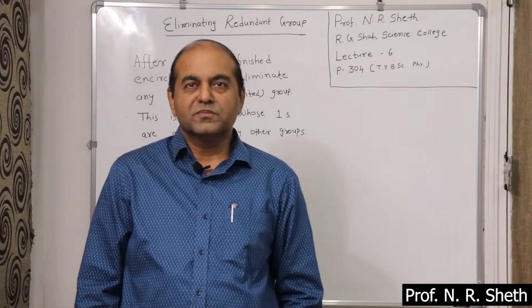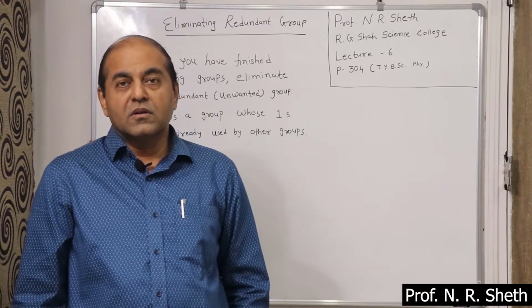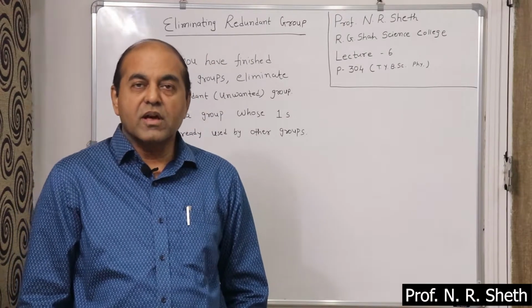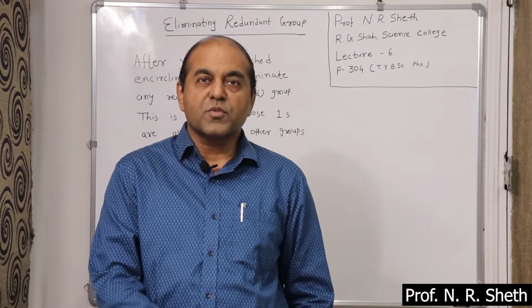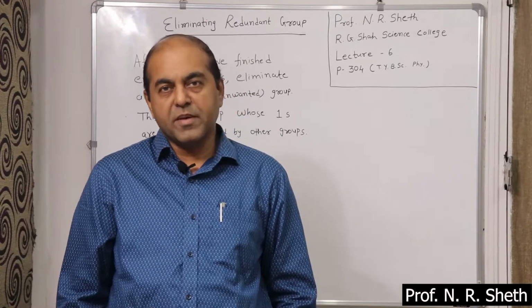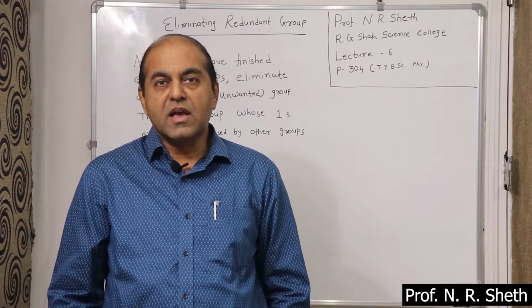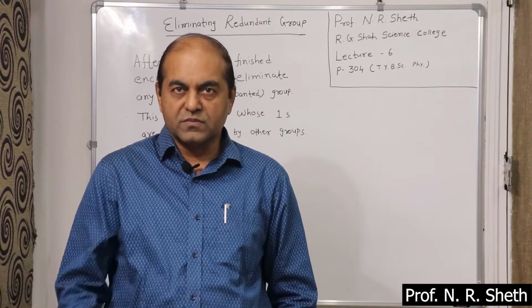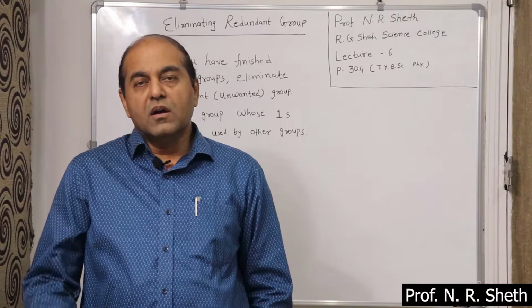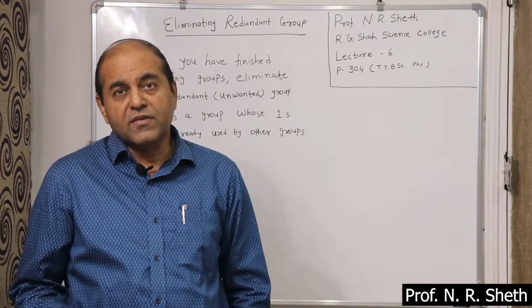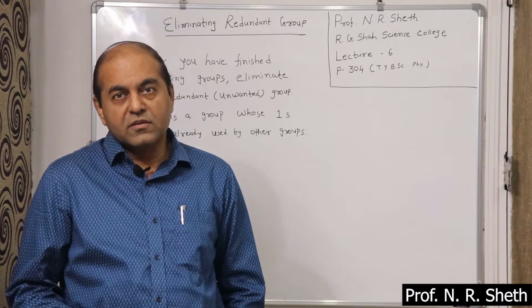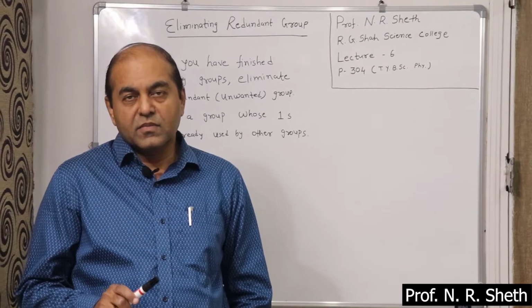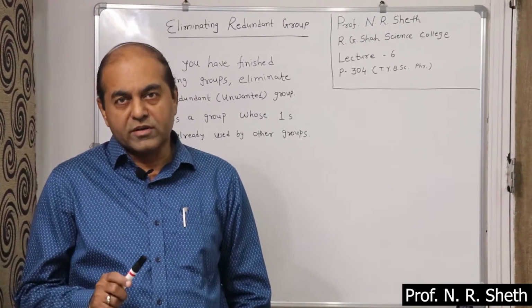Hello student. Now in today's lecture we are going to discuss the last property of K-map, that is eliminating redundant, that is unwanted groups. We have already discussed 5 properties: pair, quad, octet.